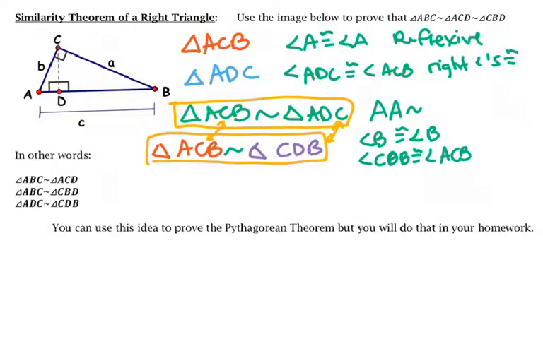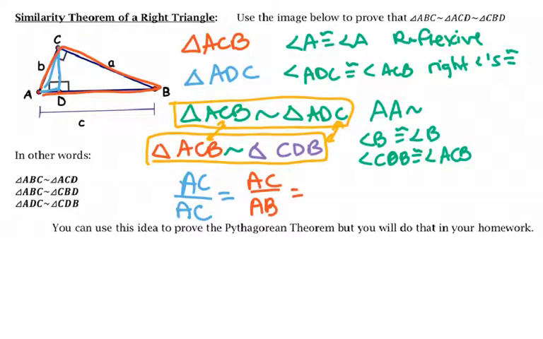I'm going to take the smaller triangle right there, and I'm going to say that the short side of that triangle compared to the hypotenuse is going to be equal to the short side of this triangle and the hypotenuse, and it's going to be equal to the short side and the hypotenuse of that triangle, so CD over CB.